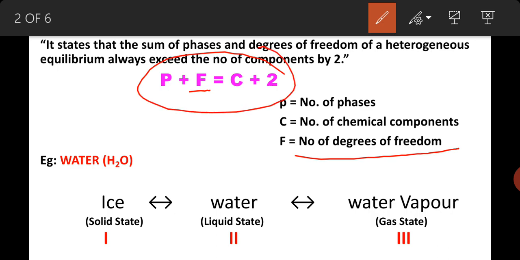If the F value is 1, the system depends on only one variable. It is called univariant. If the F value is 2, the system depends on two variables. It is called bivariant. If the F value is 0, the system does not depend on any variable. It is called invariant, also called zero variant.